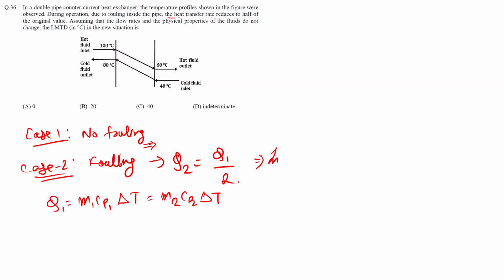That is, the heat transfer rate reduces to half of the original value, and we have Q1 as m1 cp1 delta T equal to m2 cp2 delta T. For case 2 the inlet conditions will remain the same, and for the outlet conditions, if we consider the hot fluid as first and the cold fluid as second, we consider them as T1' out for the hot fluid and T2' out for the cold fluid. Now we have to find the temperatures T1' and T2' in order to find the LMTD.